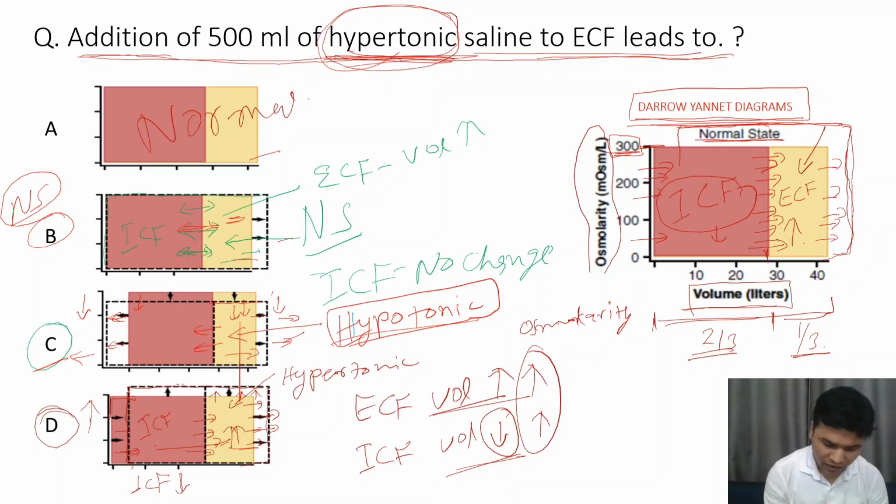Because the osmolarity is higher in the intracellular fluid, water will move from the extracellular fluid to the intracellular fluid, so intracellular fluid volume will increase and its osmolarity will decrease. So total osmolarity will decrease in both extracellular and intracellular fluid, and volume will increase in both. Okay, so I think that's clear. Let's move to the next slide.